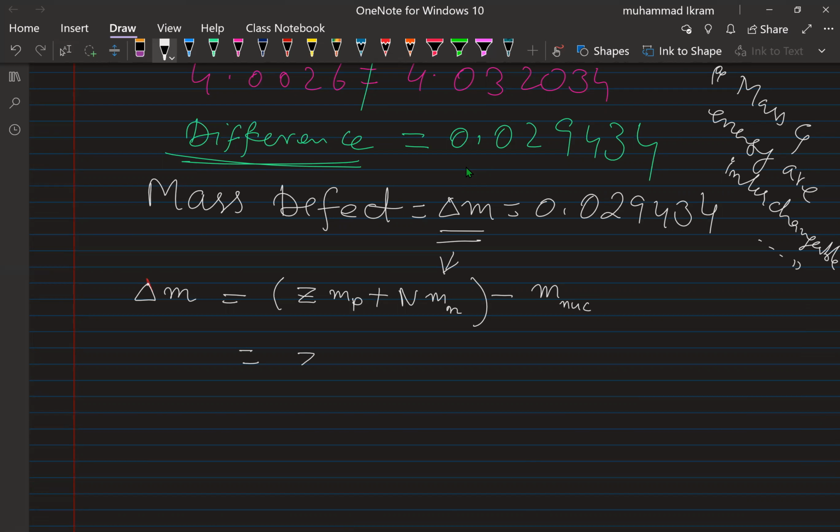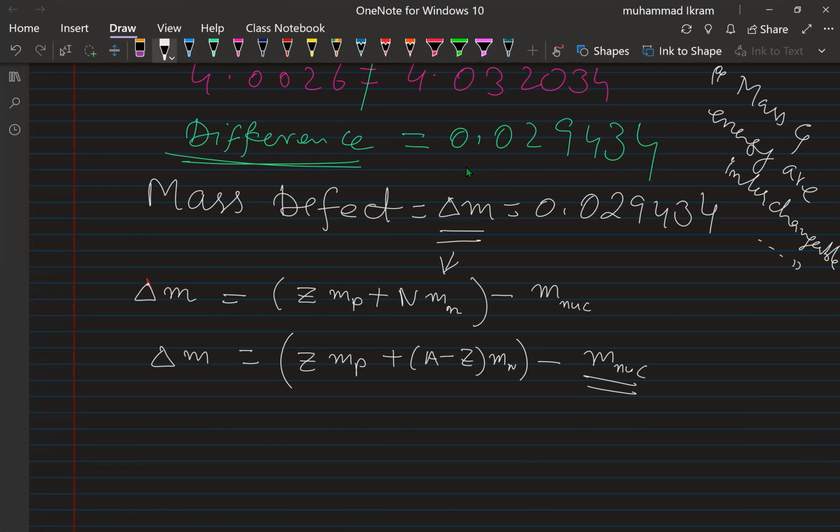Or you can say it is Z into the mass of proton plus (A minus Z) into the mass of neutron, minus the mass of the nucleus. This is the mass defect. For hydrogen there is no neutron, so this will be Z times mp, and of course there is only one proton, so the mass defect comes out to be zero for hydrogen.